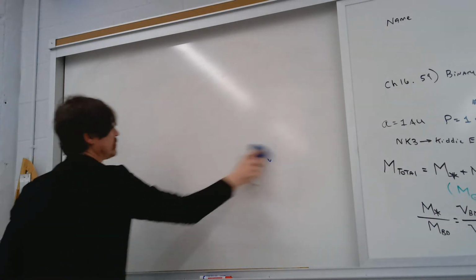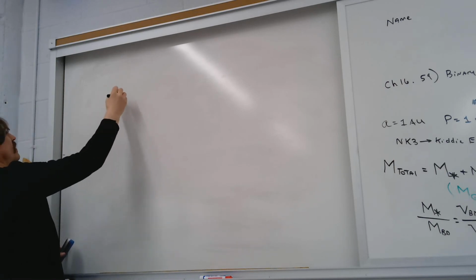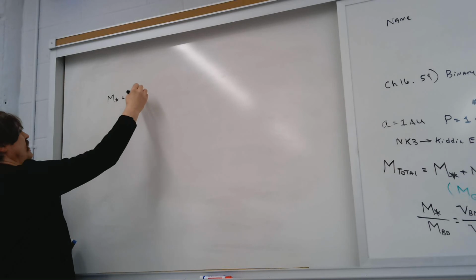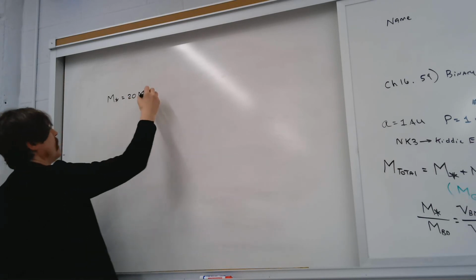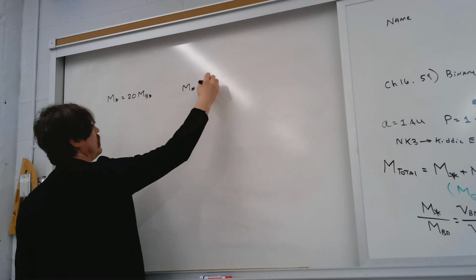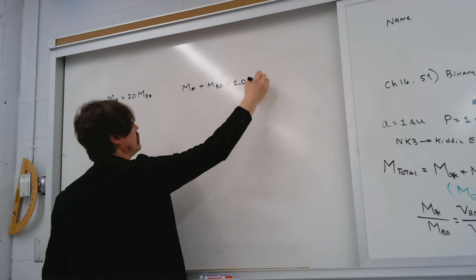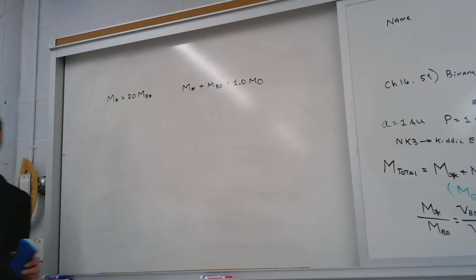You guys seem a little confused. So I have the mass of the star is 20 times the mass of the brown dwarf. I have the mass of the star plus the mass of the brown dwarf is 1 solar mass. Does anyone know how to do this?